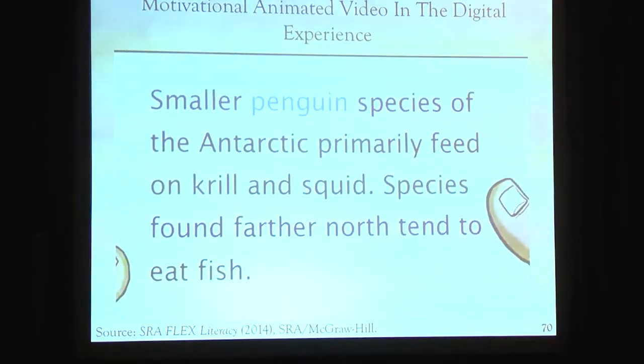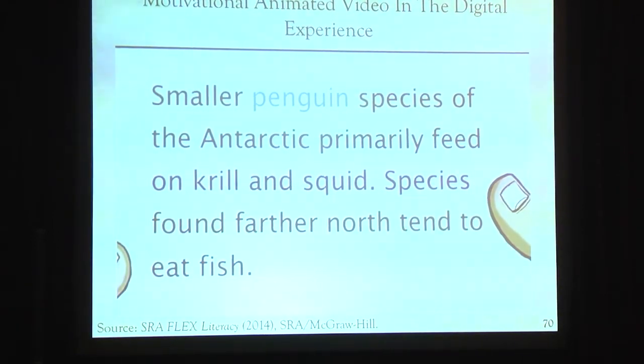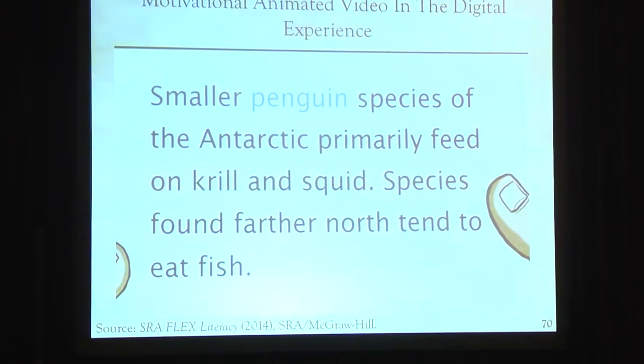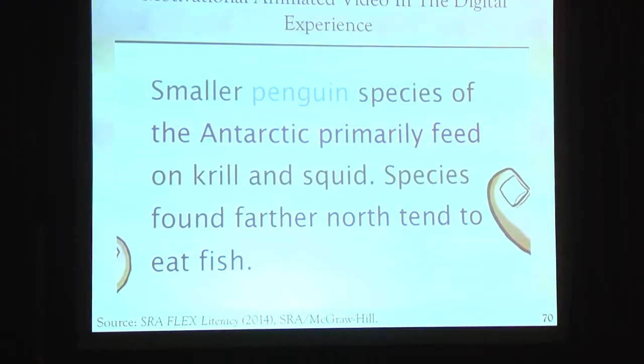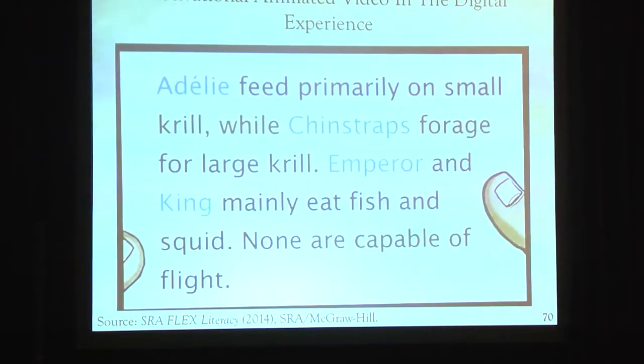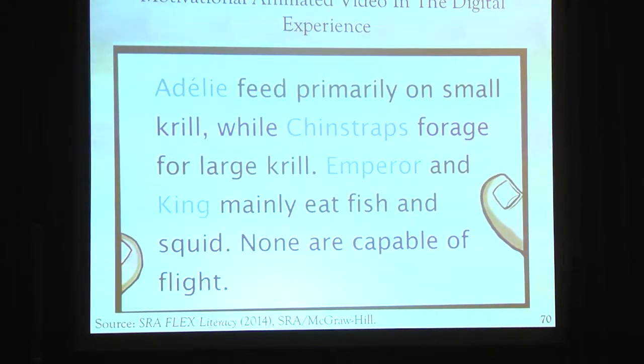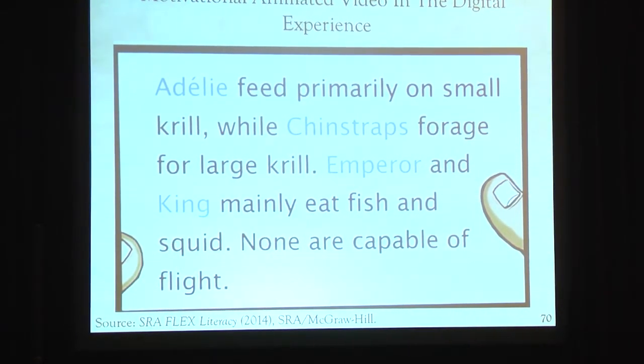Can you make anything out? It looks like it's about penguins. We'll check the details to see if that's the main topic. Smaller penguin species of the Antarctic primarily feed on krill and squid. Species found farther north tend to eat fish. Adelie feed primarily on small krill, while chinstraps forage for large krill. Emperor and king mainly eat fish and squid.